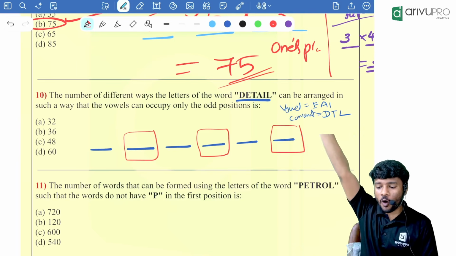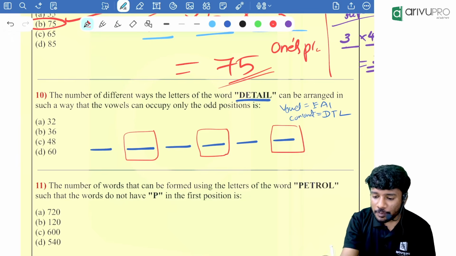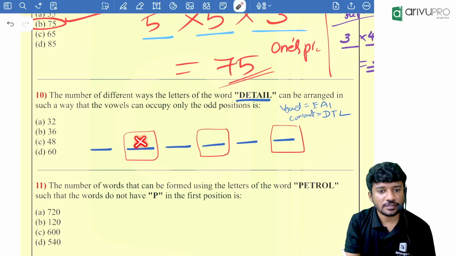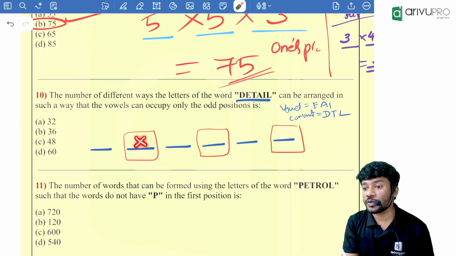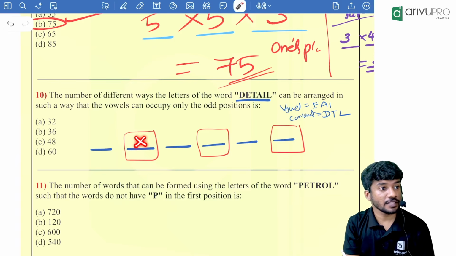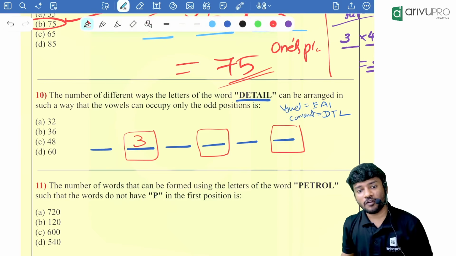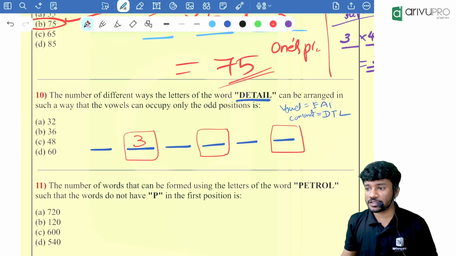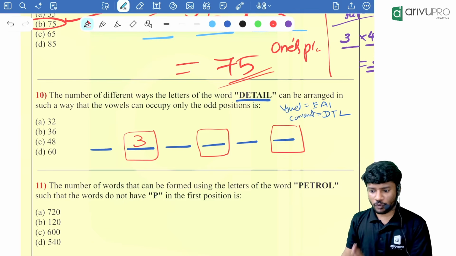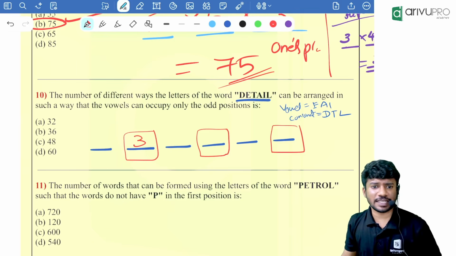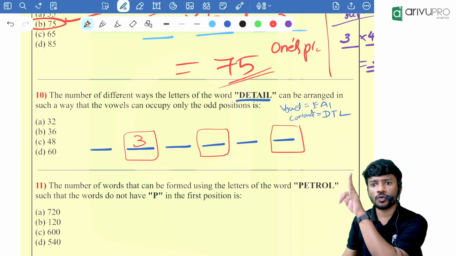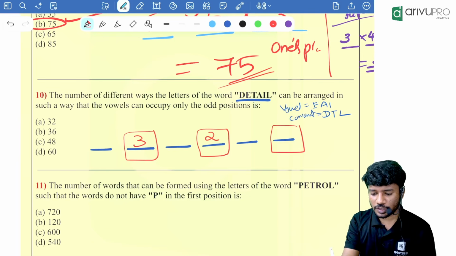Any of the 3 vowels can sit in the second place, the first even place. That means 3. If one vowel already sat, for example E, how many vowels are remaining? 2 vowels are remaining. That means 2 can sit over here.